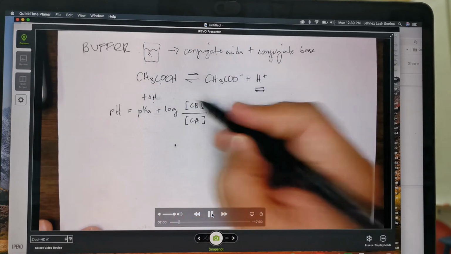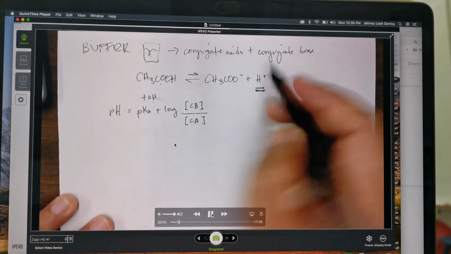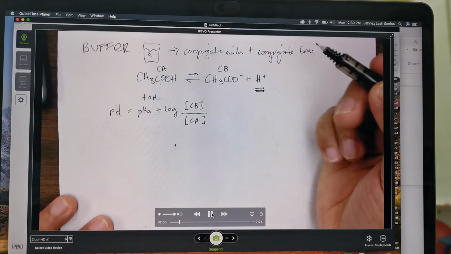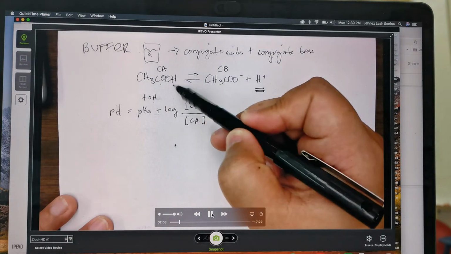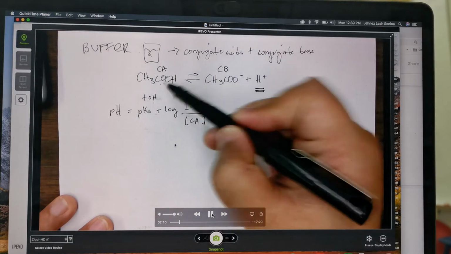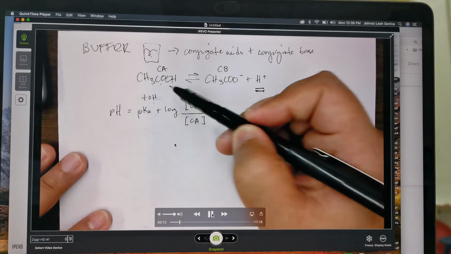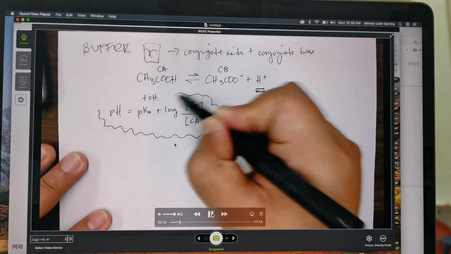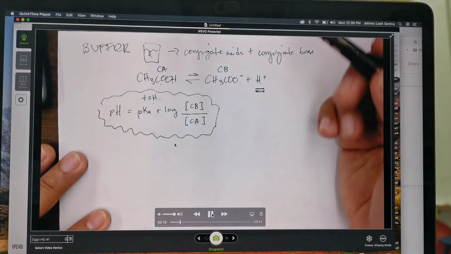Okay, by the way, going back to this buffer system right here, this is your conjugate acid, and this is your conjugate base. Acid because this loses protons. So this is your conjugate acid. Okay, so this is our formula to calculate the pH of buffers.